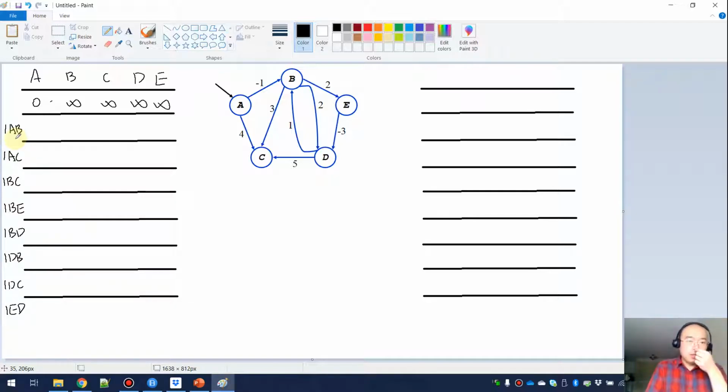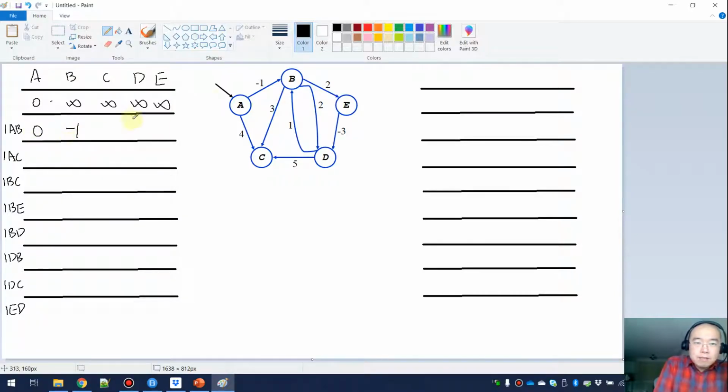When I'm visiting AB, I have important information: based on 0, based on A, I can go to B, and the cost is -1, right? So I'm going to update it to -1 here.